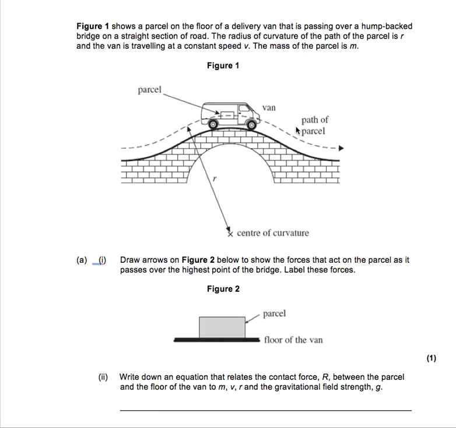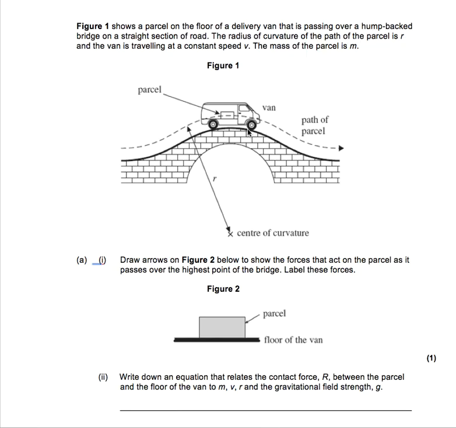Think about that. You have a maximum centripetal force available, which is the weight of the object, in this case the van. If the centripetal force required, because of the radius of the circle or the speed of the object, is greater than the force available, that circle will not be performed.